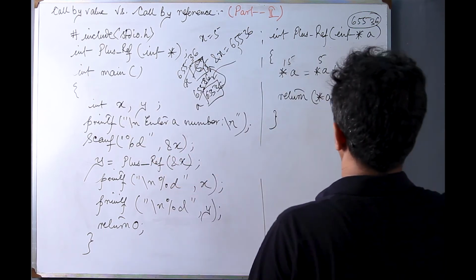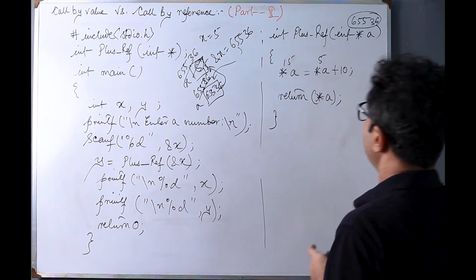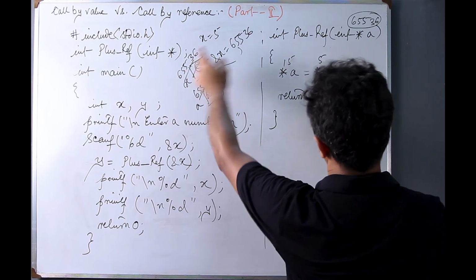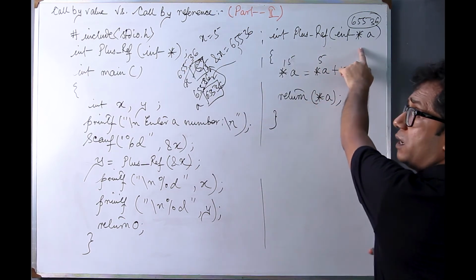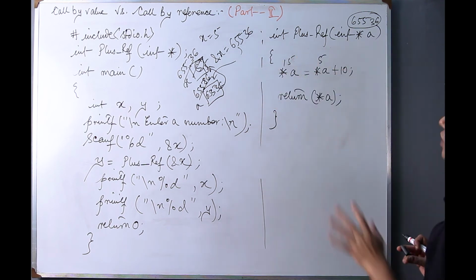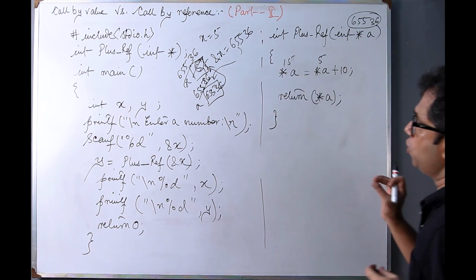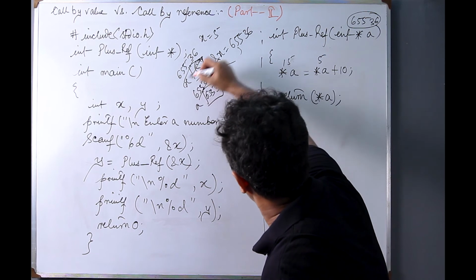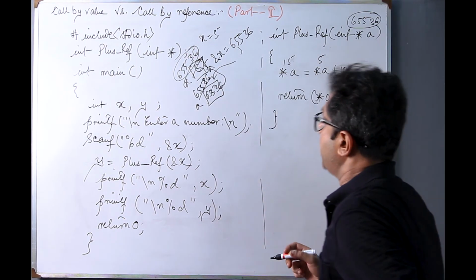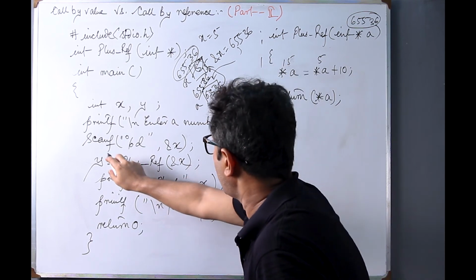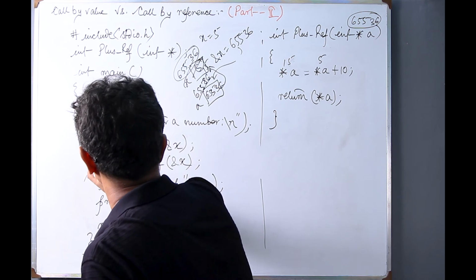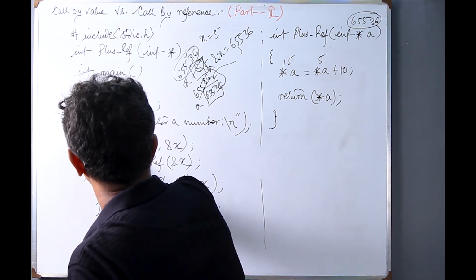So in this way we have seen that we have changed the value in the original address location, that is we didn't change the value of the copy of x as was done before in the previous instance. So we have modified the value of the location of the original value of x, and that's why y has a value which has been returned as *a, and y will store this 15.